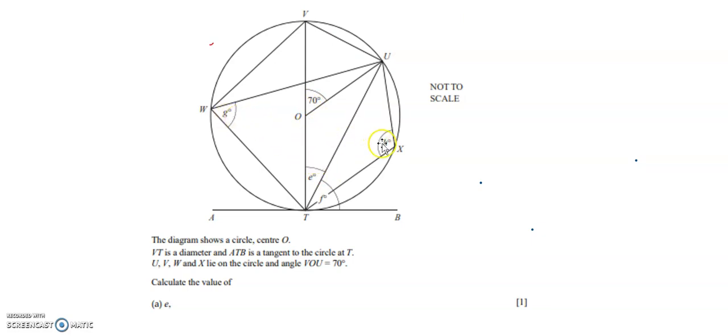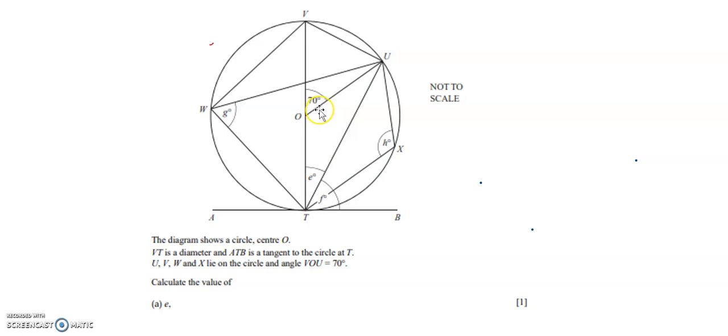These are two cyclic quadrilateral opposite angles, which the students can easily get, which total 180. So you can see how easy the question is becoming. If this is 170, this is 110. This is a straight line. So if this is 110, E becomes 55. 110, what is the remaining?